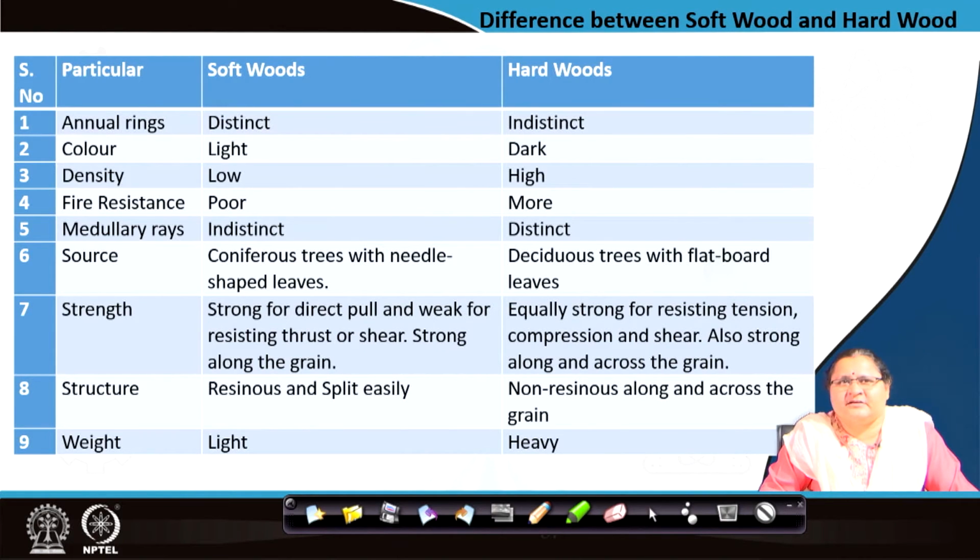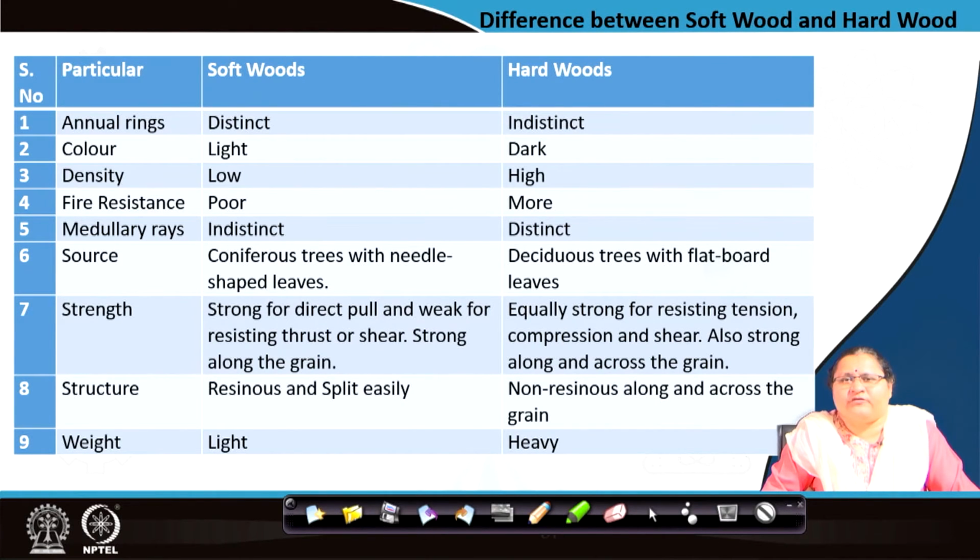Fire resistance, softwoods are poor, whereas hardwoods have better resistance. The medullary rays are not so distinctly seen in case of conifers, whereas they are distinct in case of hardwood. As for strength, softwood is strong for direct pull and weak for resisting thrust or shear, whereas hardwoods are very good for tension, compression, shear and any kind of engineering loads.